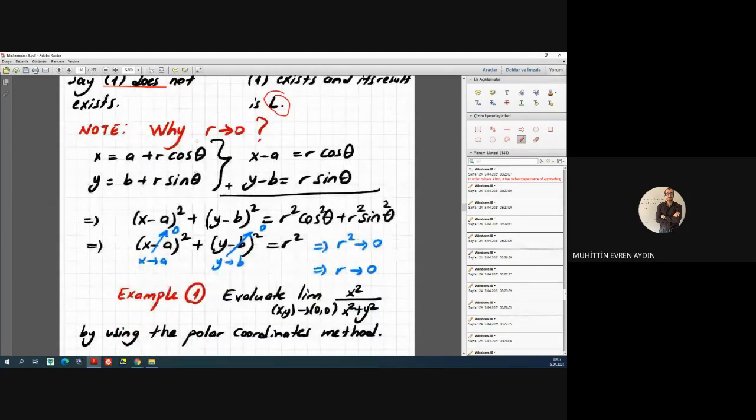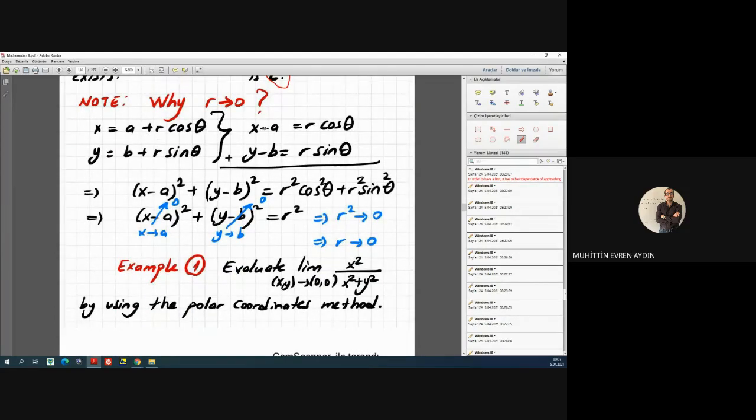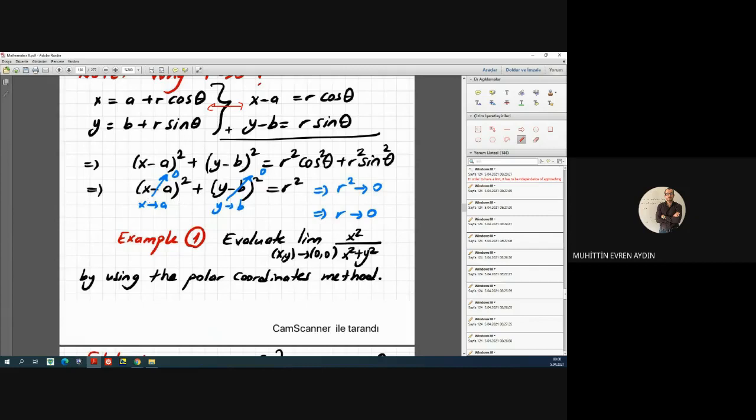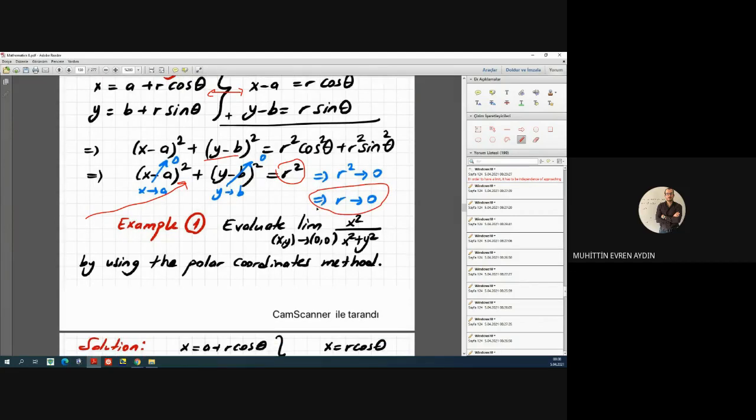So let's explain why r goes to 0. As you can see from these equations, we have a Cartesian equation: x minus a squared plus y minus b squared equals r squared. If x and y go to a and b respectively, then r approaches 0. This is the justification for why we take r going to 0.